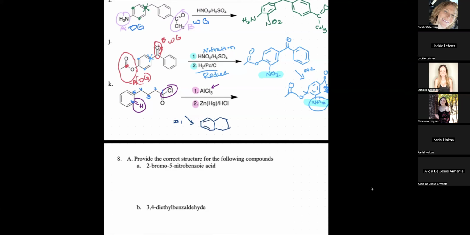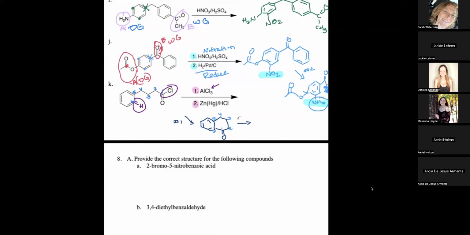We end up having this double ring system, because we had 1, 2, 3, 4, 5, 6, and we're making this connection between 1 and 6. So that's how we end up with this ring system.